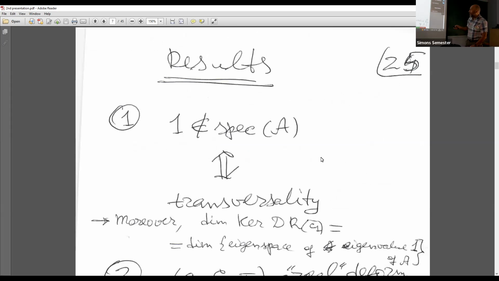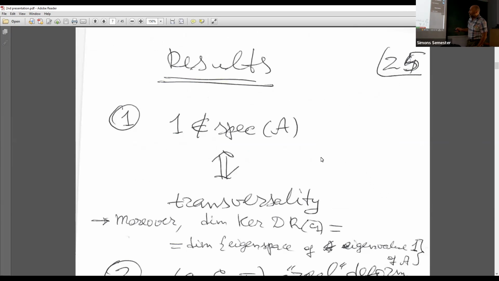Now, some results which are not difficult to prove. First result, without any additional conditions: transversality is precisely equivalent to one not being in the spectrum of this transfer operator.